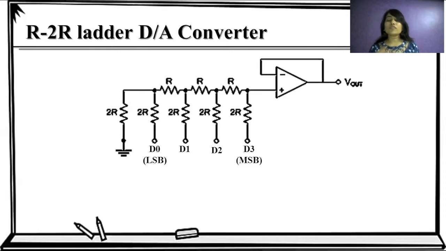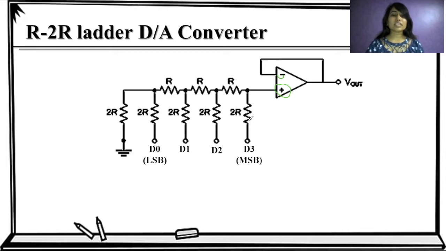We have a feedback connection at the inverting terminal, that is, the negative terminal. This is the inverting terminal and this is the non-inverting terminal, or positive terminal. Here we connect this R2R resistor ladder network to the non-inverting terminal for D2A conversion.